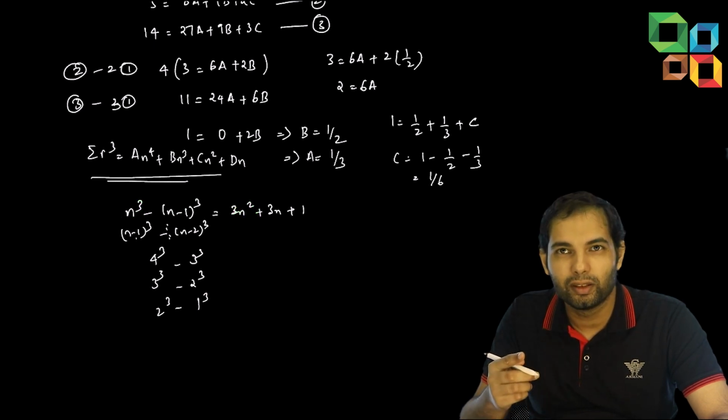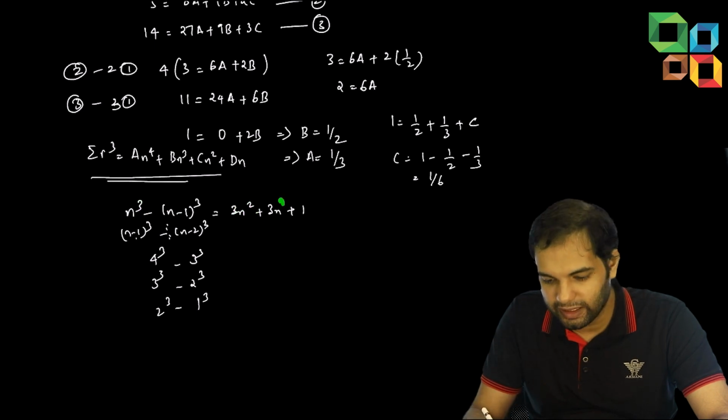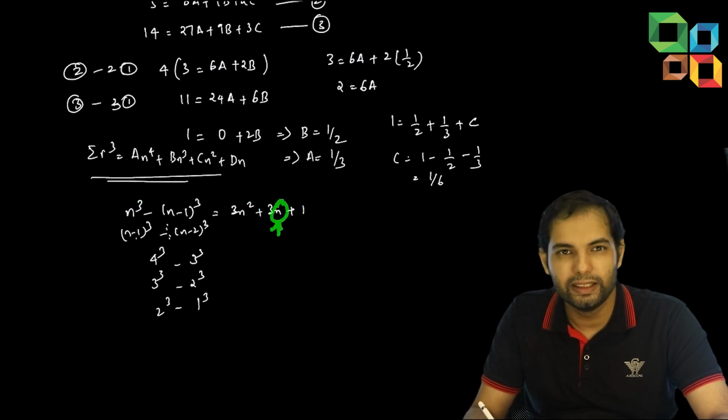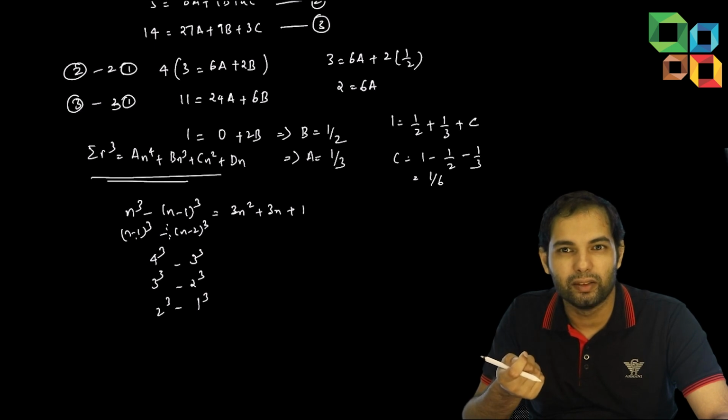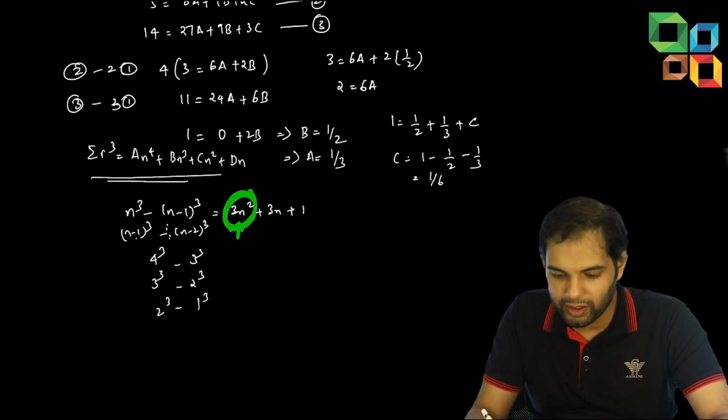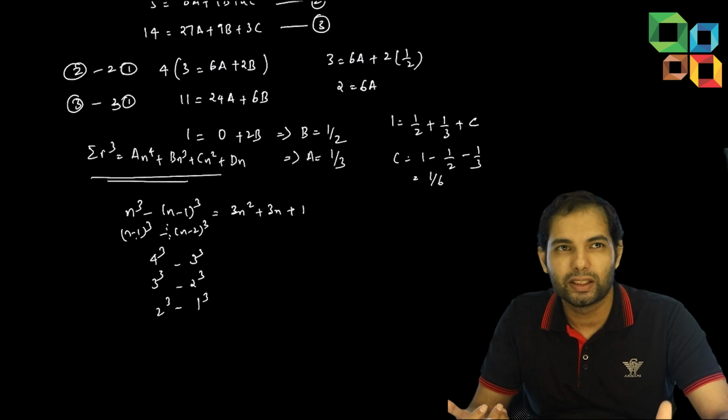That's all we have to prove. You may say there are linear terms, but we already know that the sum of the linear term will come out to be a quadratic equation, and this term will come out to be a linear equation itself. So the only term giving a cubic equation is this term. So that's a good enough proof, in the simplest way.